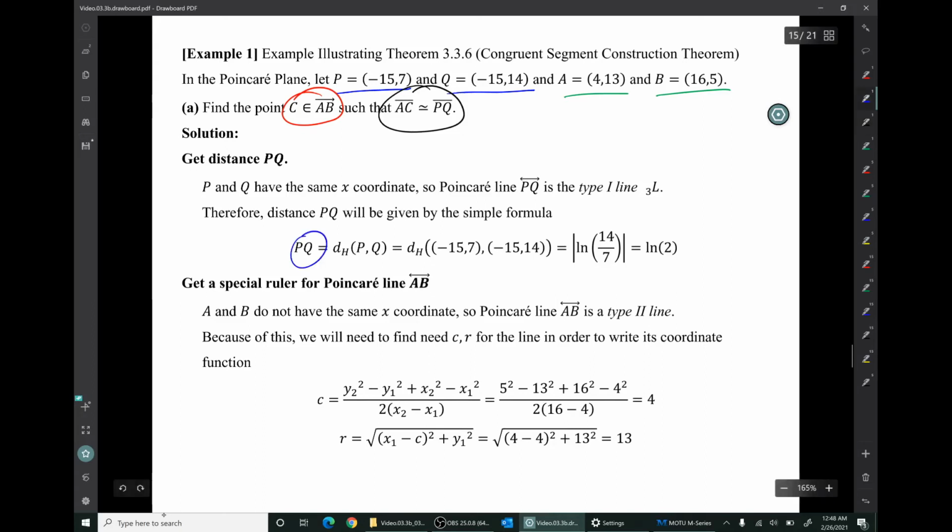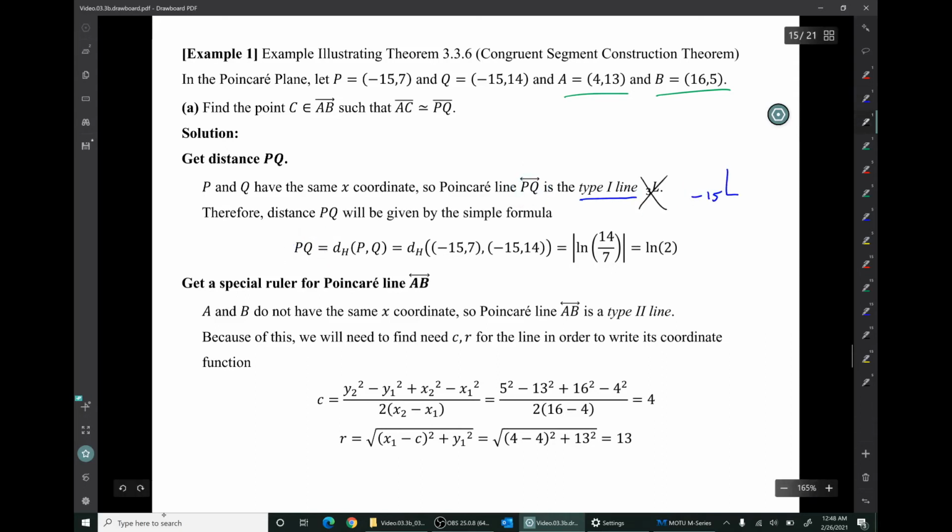So to do that, we need to find the distance between P and Q. Now observe that P and Q have the same x-coordinate. They both have an x-coordinate of -15. So the Poincare line that contains those 2 points is the type 1 line, denoted that way.